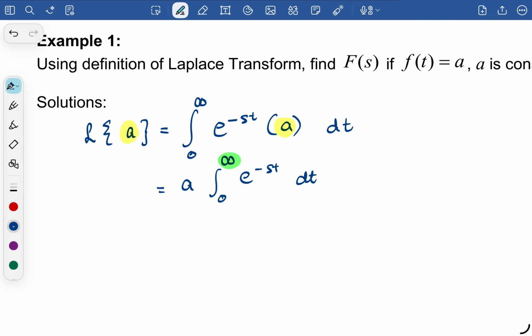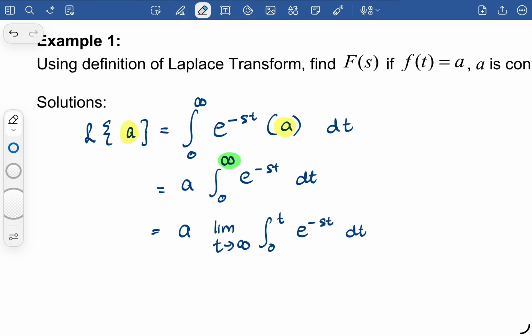So this is an improper integral. Therefore, our equation and solution should be something like this. Or if you don't want to get confused between the t here and the t here, we can substitute with another symbol. I can use the big T.